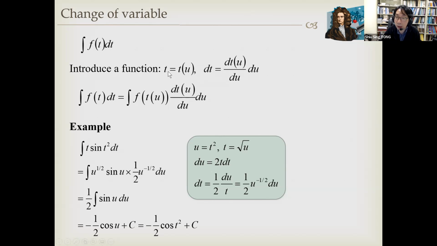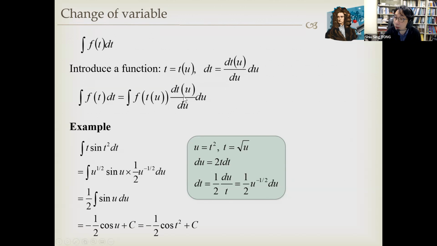Now, suppose t is given as a function of u. So by the rules of differentiation, you have dt equal to dt/du multiplied by du, right? So you replace the dt in the integral by a function in terms of u.